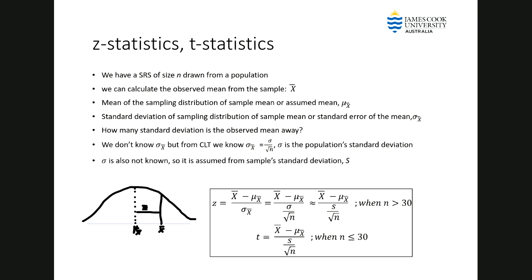Now I'll explain a few concepts about statistics. We have the Z distribution, where Z statistics come from, and we have the T distribution, where we get the T statistic. The basic difference between Z and T is the number of samples.